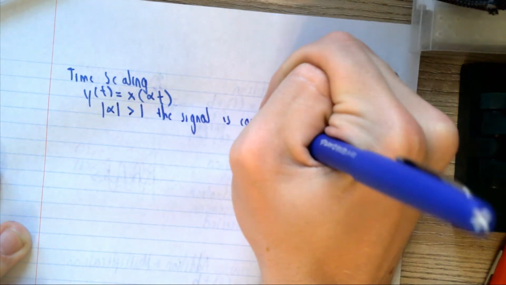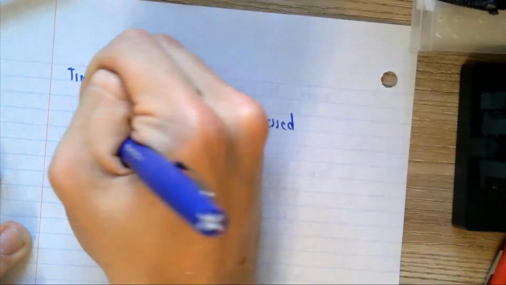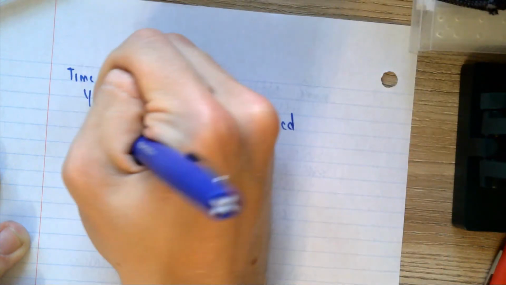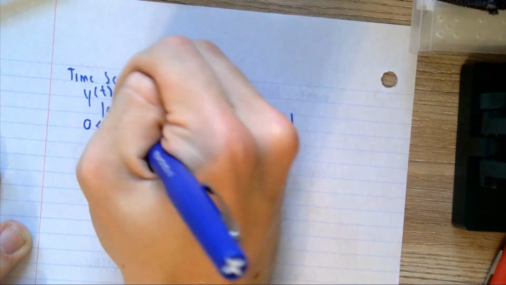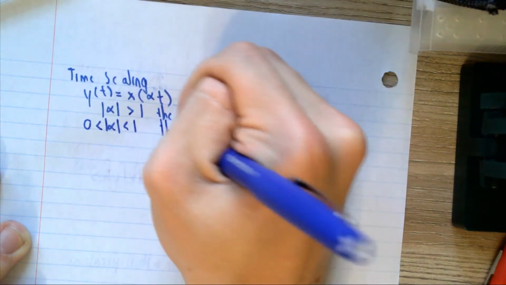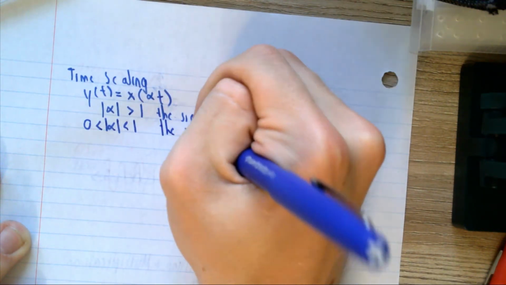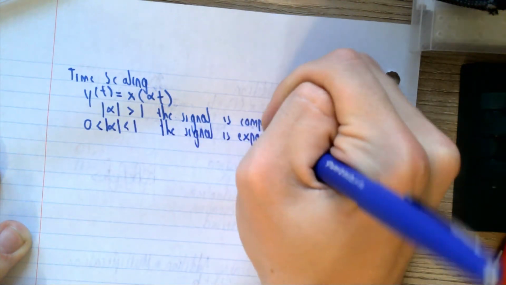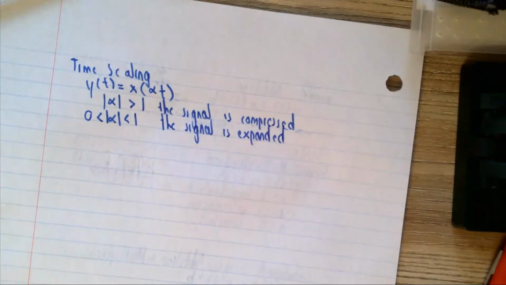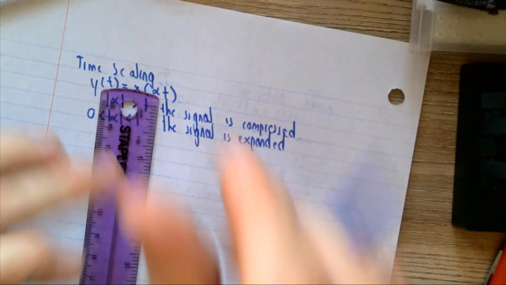But when alpha is between 0 and 1, the signal is expanded. So it's either condensing the signal when it's greater than 1, or expanding it when it is between 0 and 1. I just want to do an example here so you can understand it, and I'm going to actually mark the units on this one.